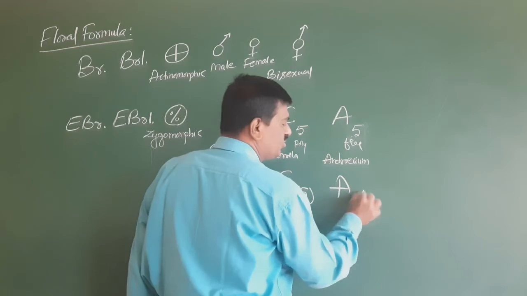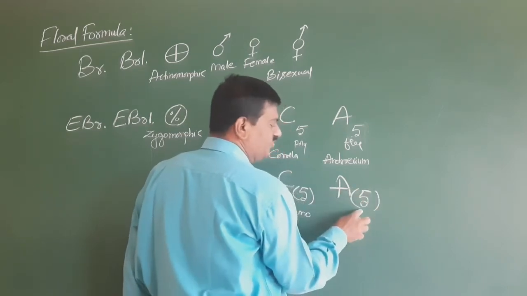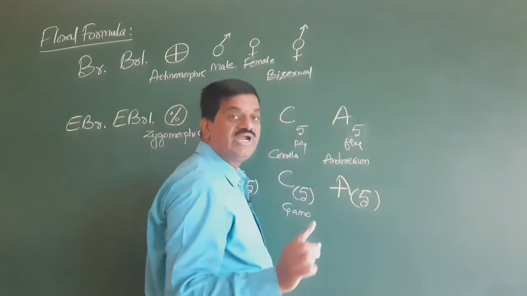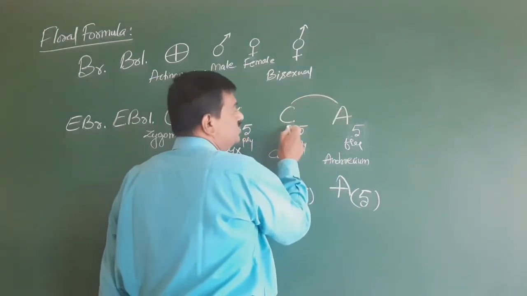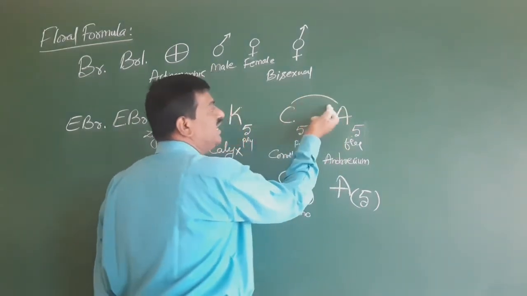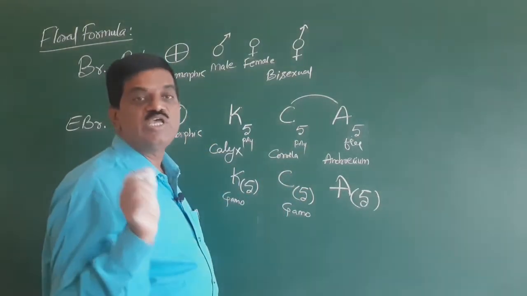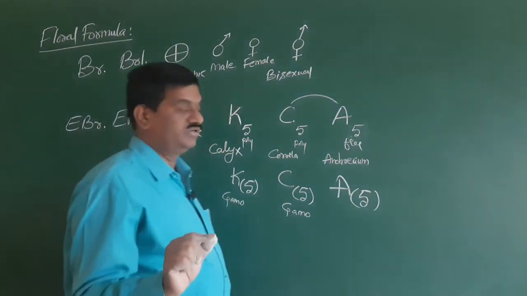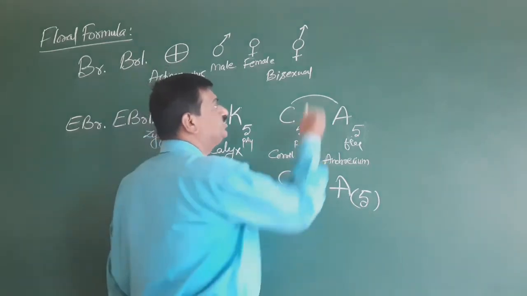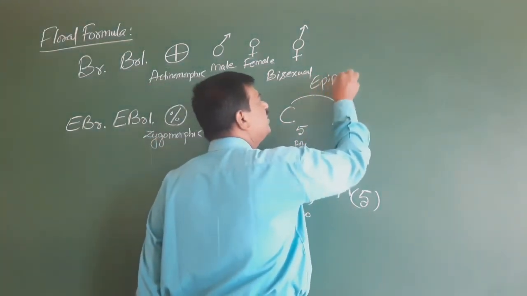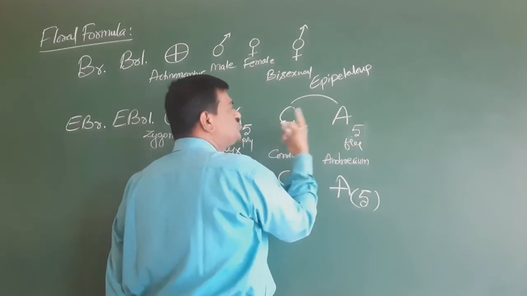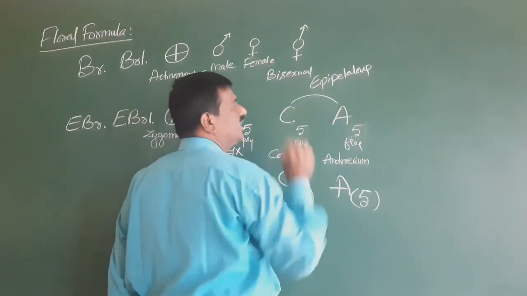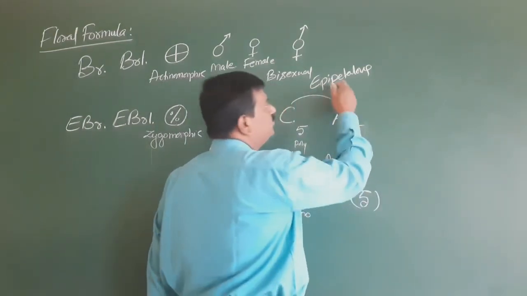If the stamens are fused, called monoadelphous condition, you write them in brackets. And when you draw a line above C and A, that is called epipetalous condition. Epipetalous indicates the stamens are fused with the corolla.